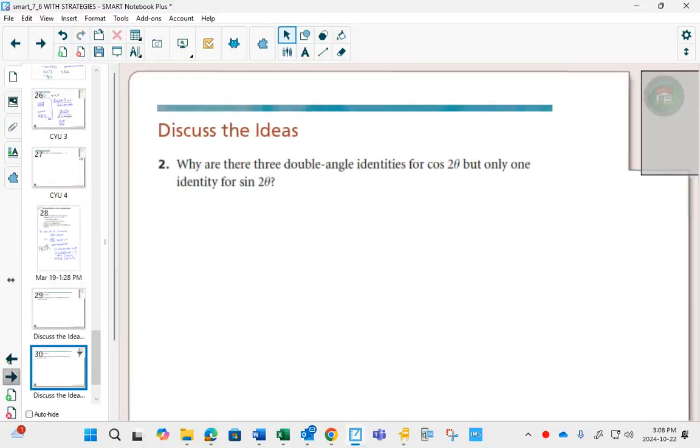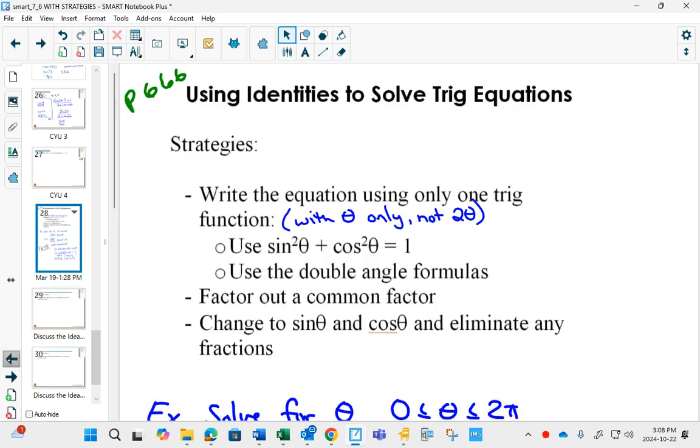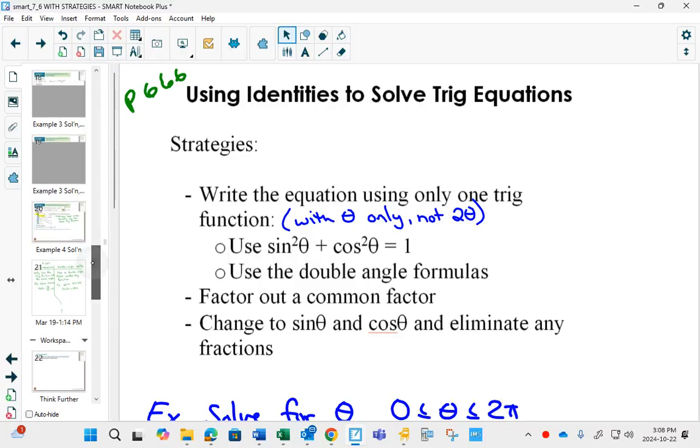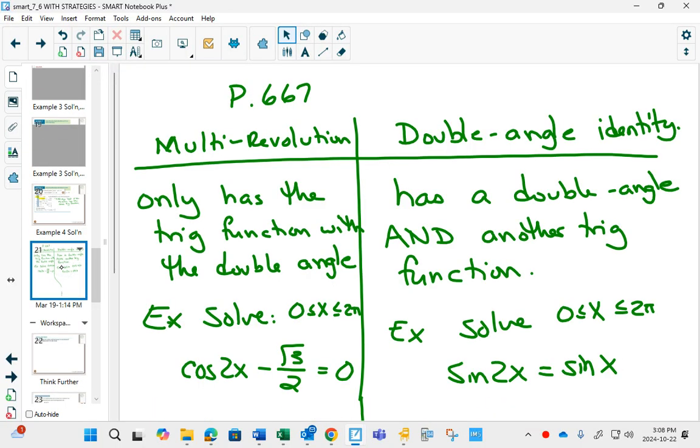Let's see. I've got special notes for myself on where to go. Go to slide 20. 21. You can continue on 666, or you can do this on 667. Sometimes you have a 2 theta and it's a multi-revolution question, which we already learned, and I can kind of do that okay by now.